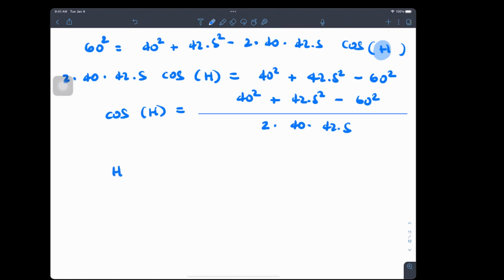What is H going to become now? Inverse cosine.